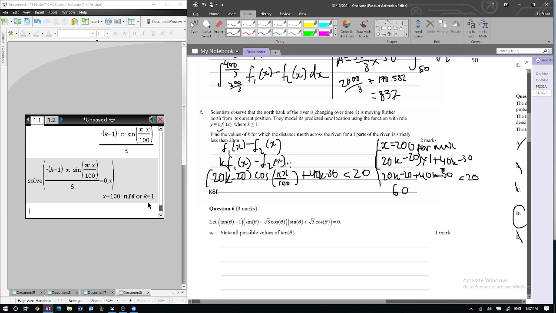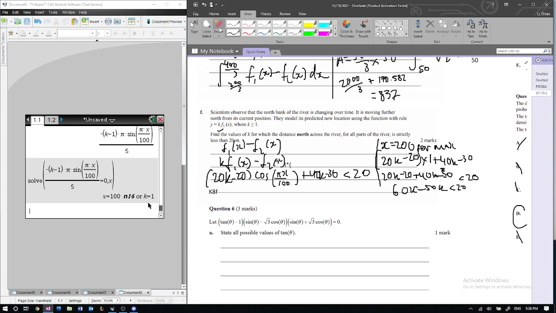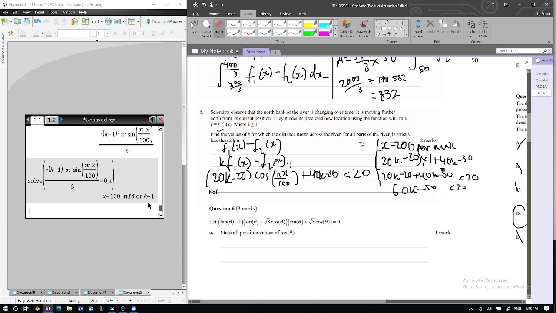So 60k minus 50k. Okay, this looks more right. Oh, that's not k, that's just 50. So 60k minus 50 is less than 20, and 60k is less than 70. So k is less than 7 on 6.